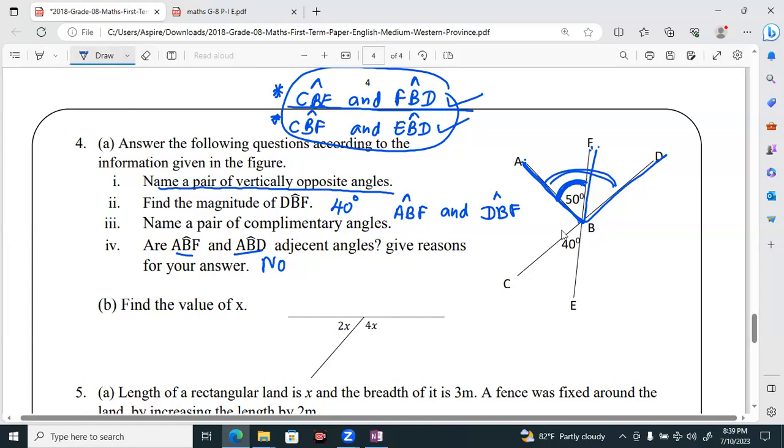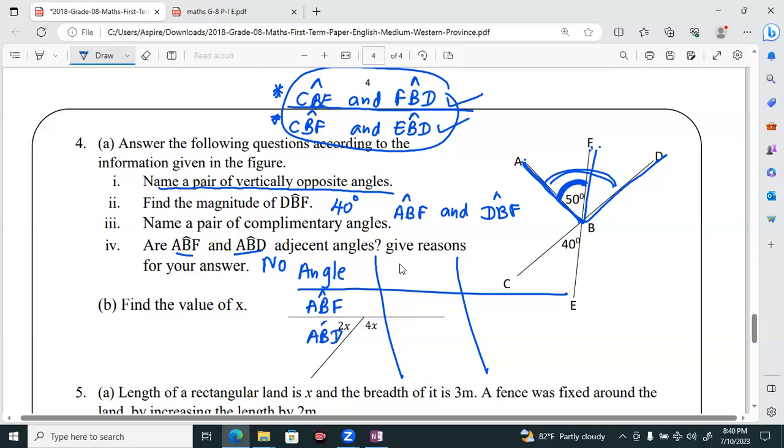ABF angle and ABD angle. Common arm. Arms of ABF are AB and BF.